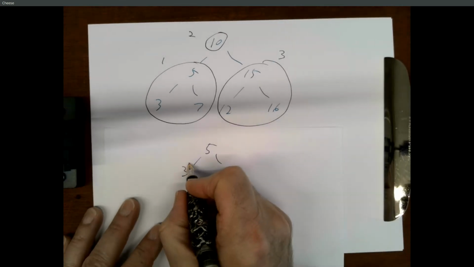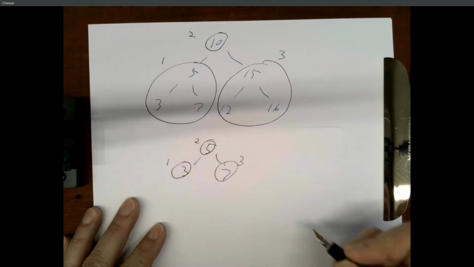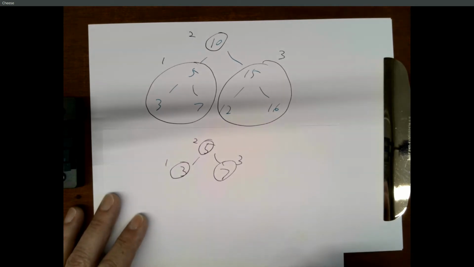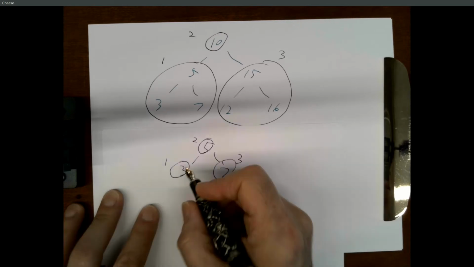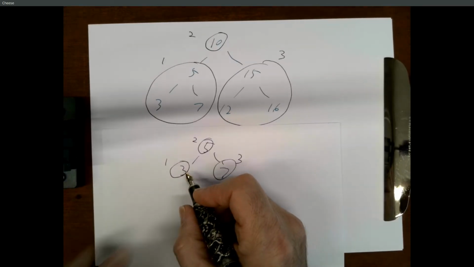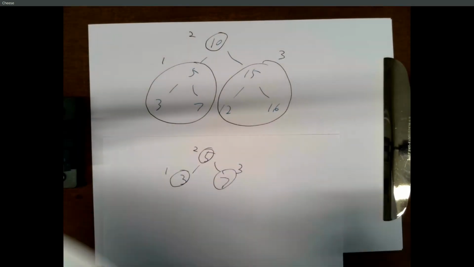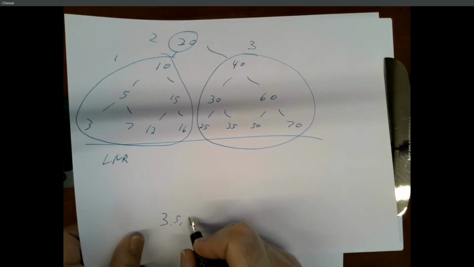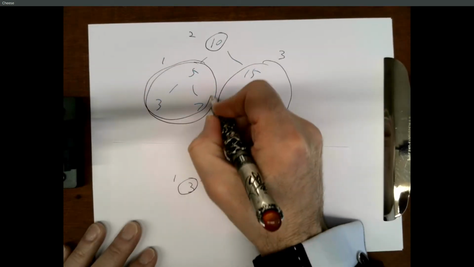Well, LNR says first traverse the left subtree, then print the root, then traverse the right subtree. And you can find another friend, or you might just know if you want to traverse a tree that just has one node in it, you just print out that node. Okay, so we're going to print out a 3, and then the root node, and then the right subtree. Okay, that's the traversal of this thing.